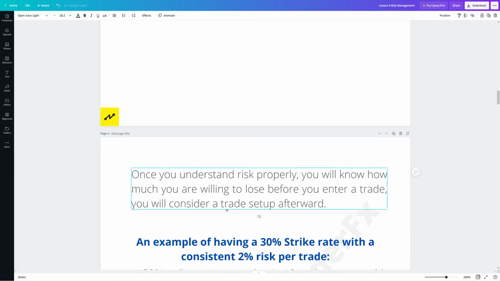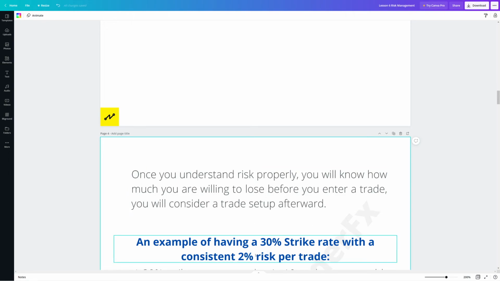You will consider a trade setup afterwards. So what this means is that once you understand how much you're willing to lose, a trade setup will come afterwards, right?